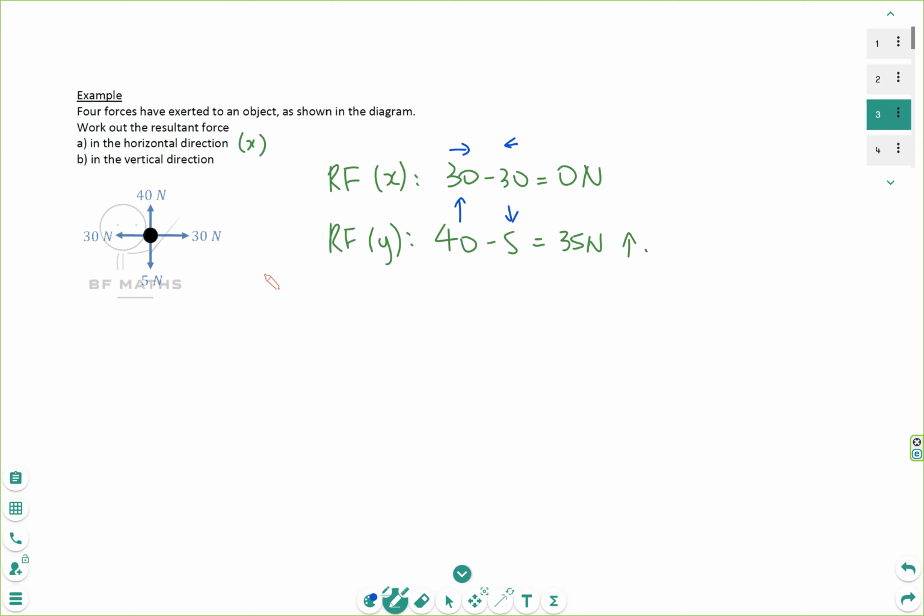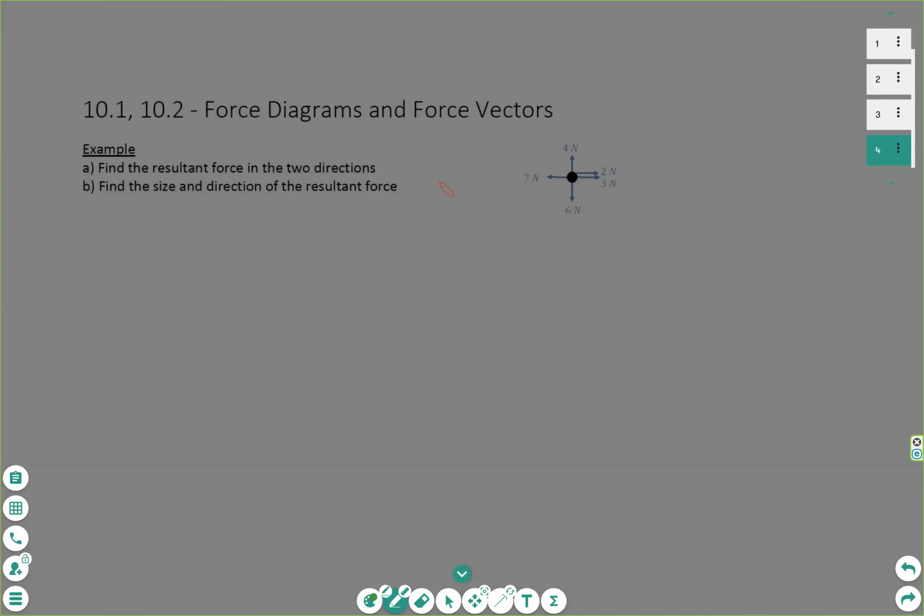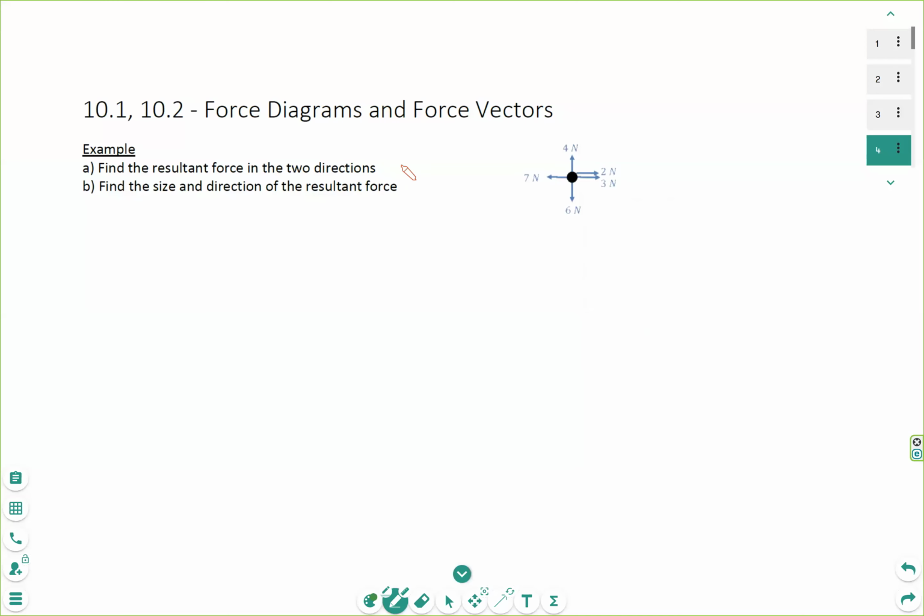Example: find the resultant force in the two directions. Two directions surely means x and y. So if we look at the x direction, question A, the resultant force in the x direction, we have 2 plus 3, so that's right, take away left, which is negative 2 Newton. As I said, force is a vector. That means force has direction. So negative 2 Newton means 2 Newton to the left.